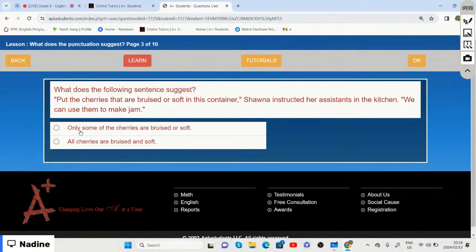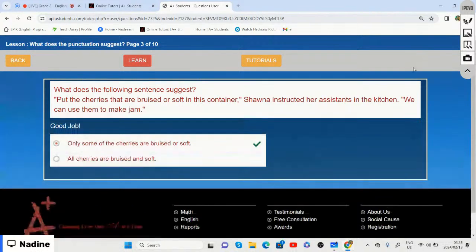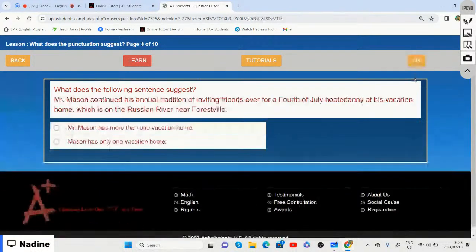So we can say only some of the cherries are bruised or soft. So well done. The first one is correct. Great job, guys.